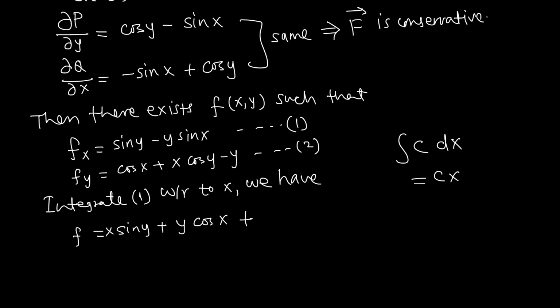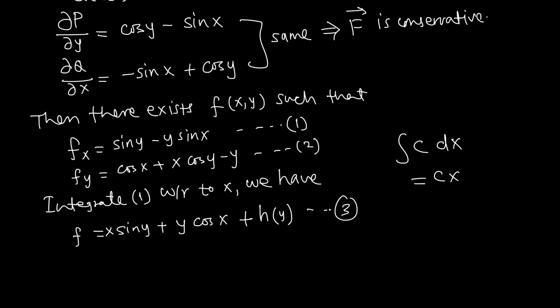It could be a pure constant, or it could be a function of y as well, because we are integrating with respect to x. In this case y could be a constant, so some function h of y. This is the integration constant, a number or a function of y. Equation 3, and this would have been the answer, but we need to determine h.